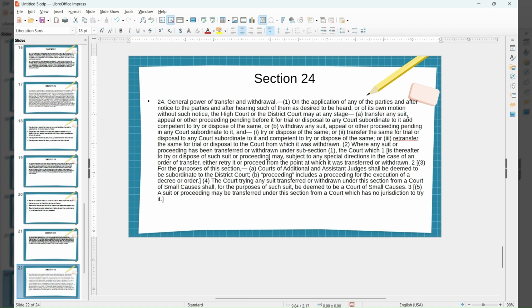Transfer any suit, appeal or other proceeding pending before it for trial or disposal to any court subordinate to it and competent to try or dispose of the same, or withdraw any suit, appeal or other proceeding pending in any court subordinate to it, and try or dispose of the same, or transfer the same for trial or disposal to any court subordinate to it and competent to try or dispose of the same, or transfer the same for trial or disposal to the court from which it was withdrawn.